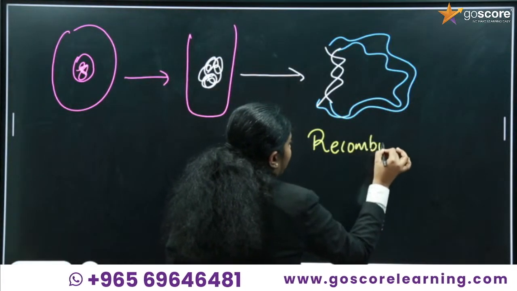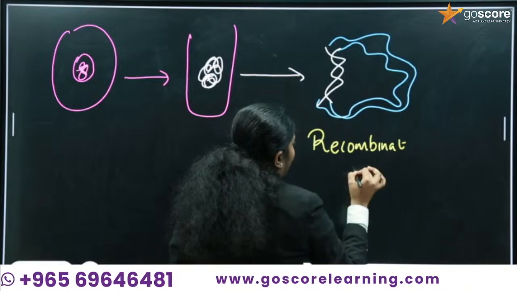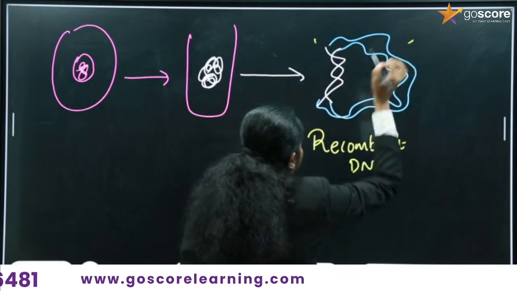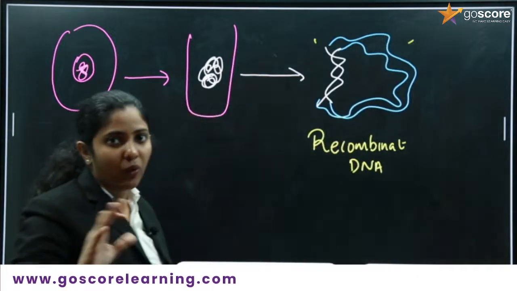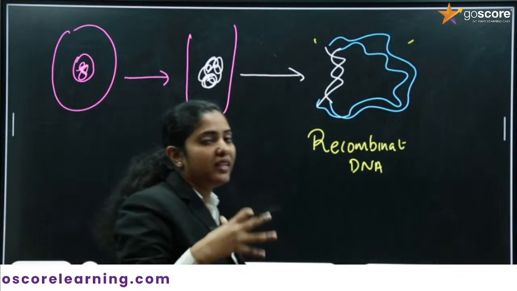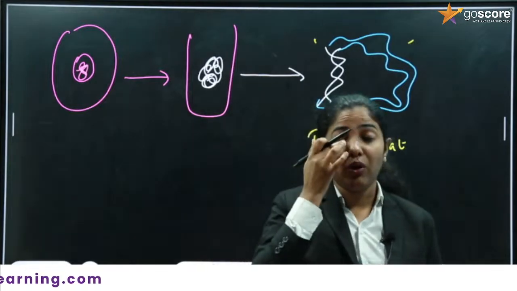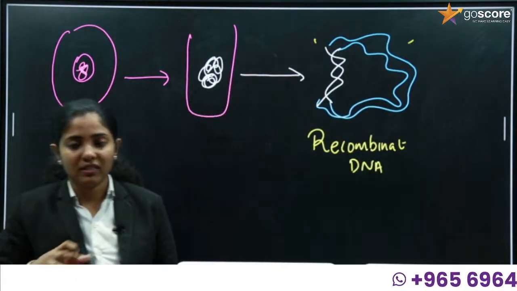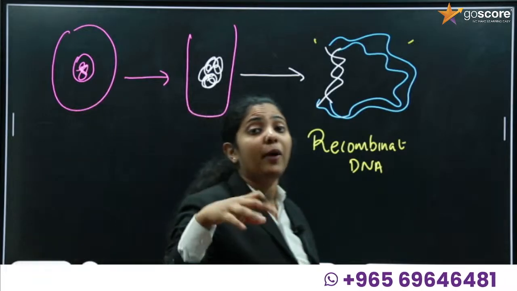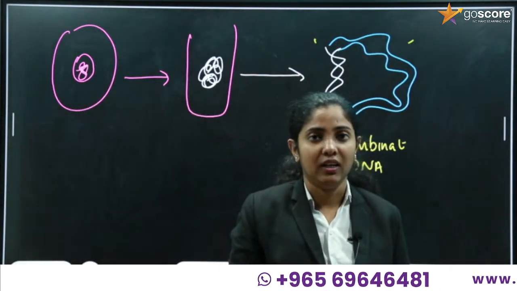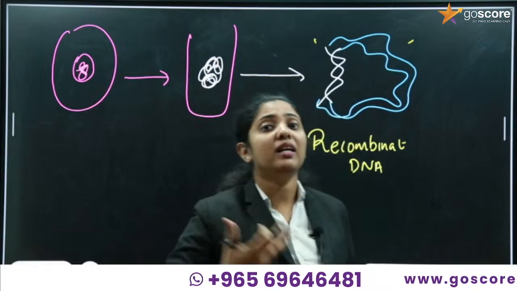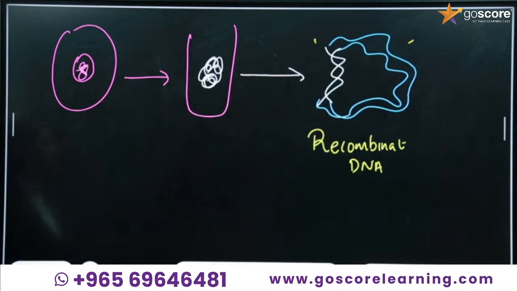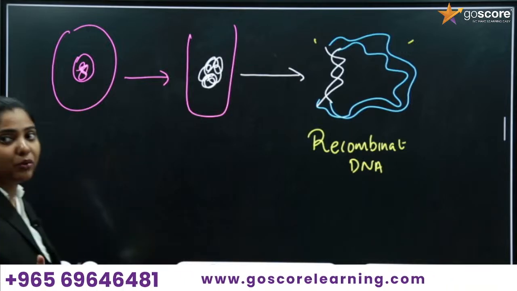This recombinant DNA, only one DNA is not enough. For that purpose, what are we doing? We are doing PCR, polymerase chain reaction. Amplification has been done. That means multiple copies of recombinant DNA can be produced.